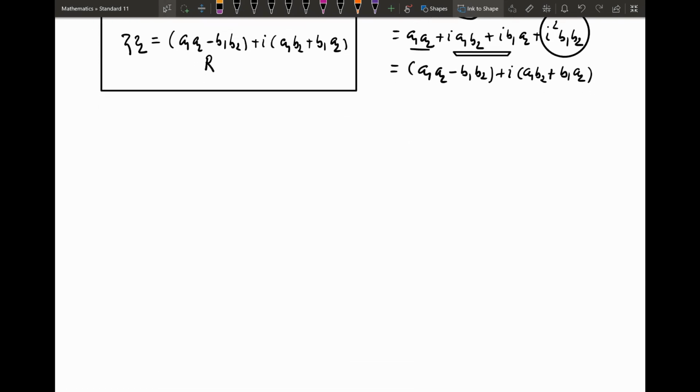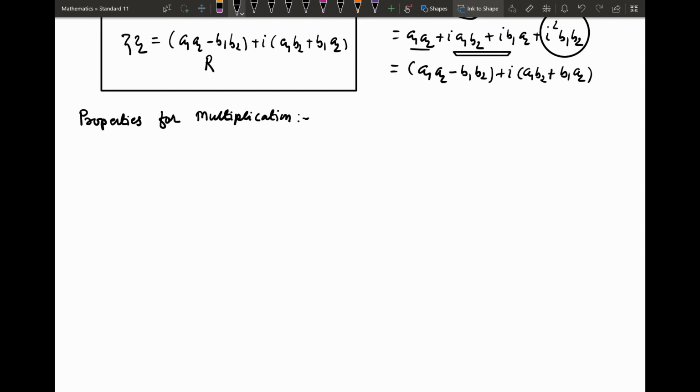Now, properties for multiplication. These are the basic properties.